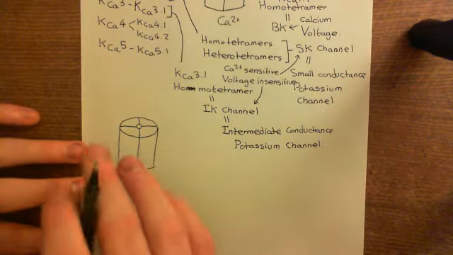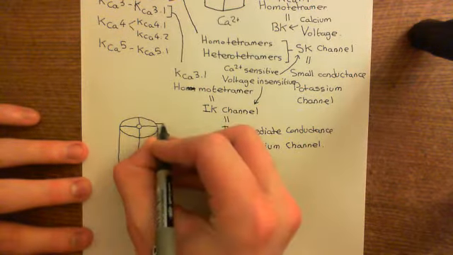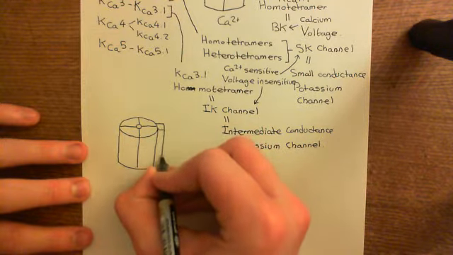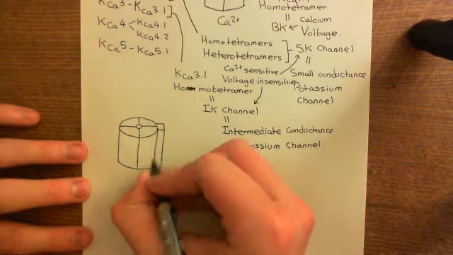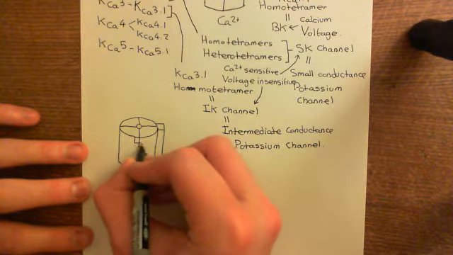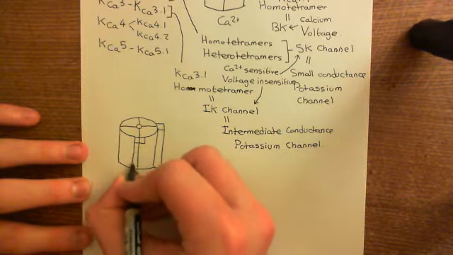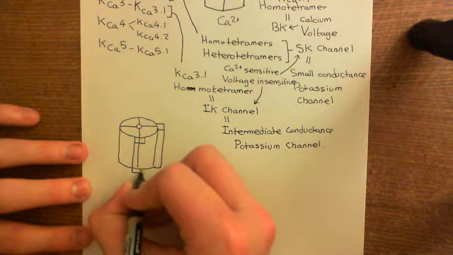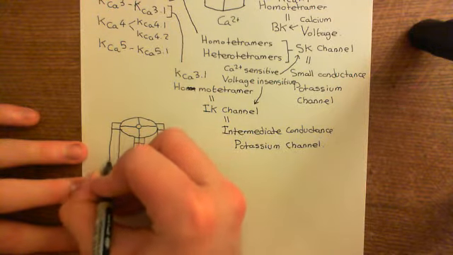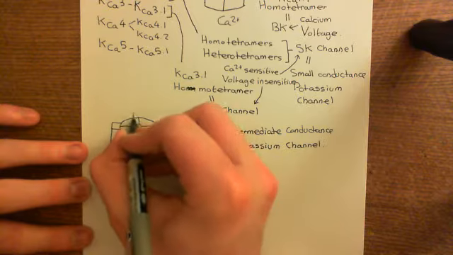So you pick 4 alpha subunits, and then you can stick on beta subunits here. The beta subunits stick in between 2 alpha subunits, at the junction between 2 alpha subunits. So there'll be another one down here, and you're going to stick 4 of these on. Here's another one, another one over here, like so, and then another one back there.